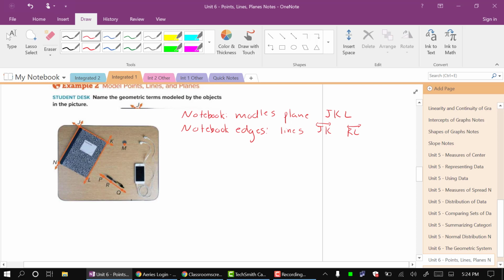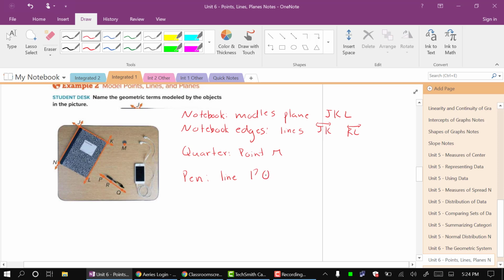What else here? Well, we also have a quarter. The quarter is going to be a point. It's going to be point M. We also have this pin, and that's going to be a line as well.